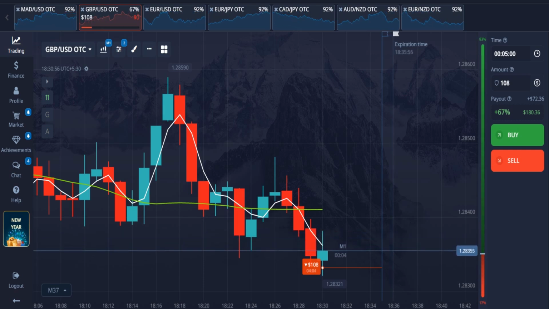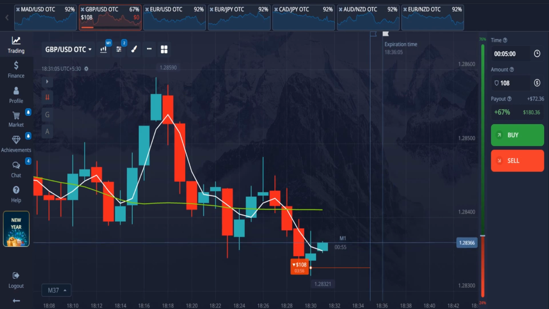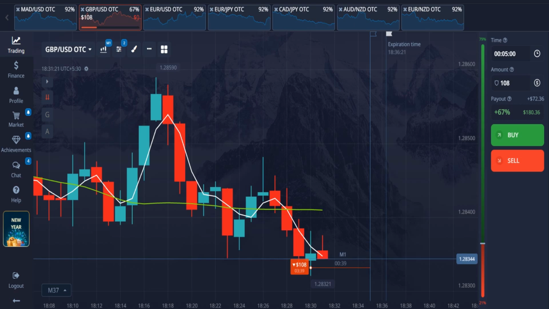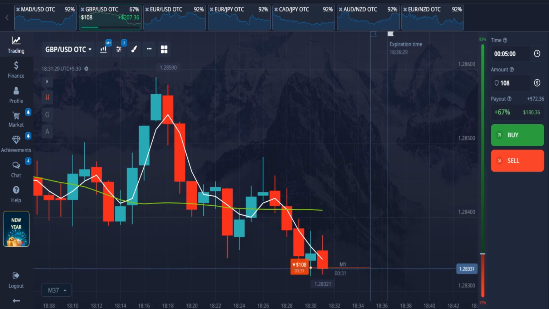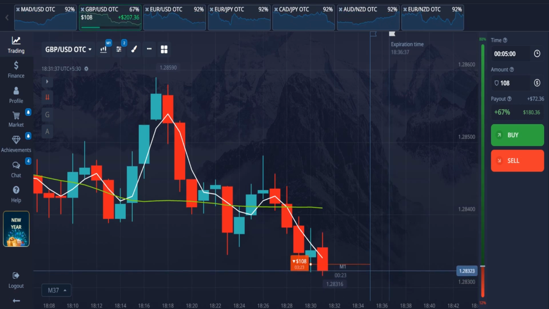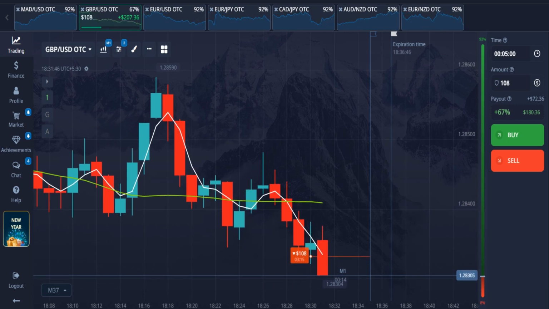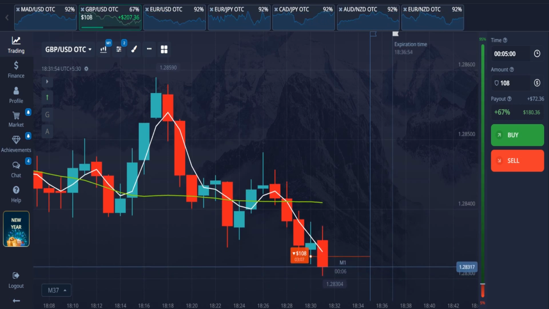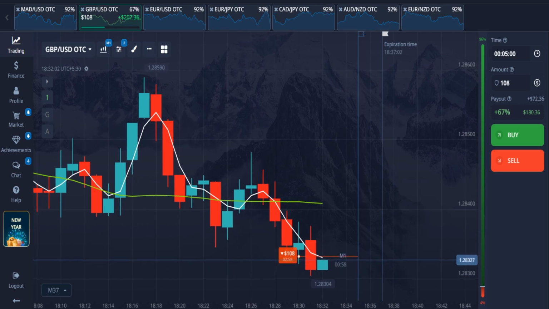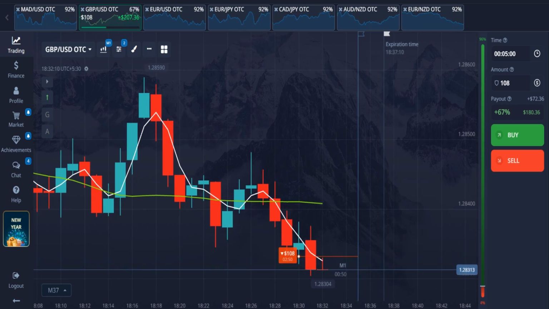Now let's quickly understand why this works. An SMA, or simple moving average, is a technical tool that calculates the average price of an asset over a specific time. It smoothens out price movements, making it easier to spot trends. In this strategy, we use two SMAs: a fast-moving SMA for short-term trends, and a slow-moving SMA for long-term trends. Here's the basic rule.